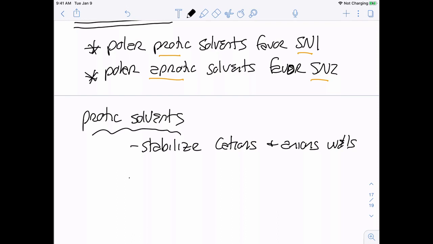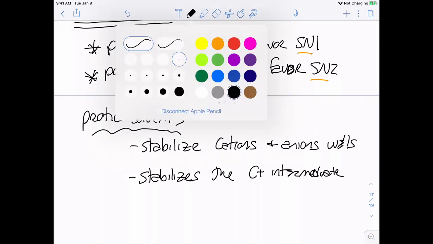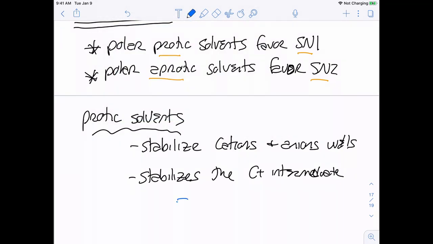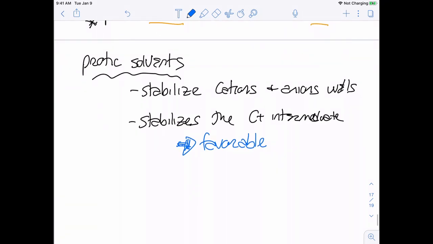So it stabilizes the carbocation intermediate, which is a good thing. This is favorable. Remember that the carbocation intermediate is the product of my rate determining step.